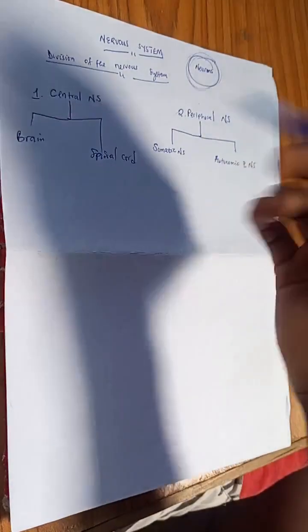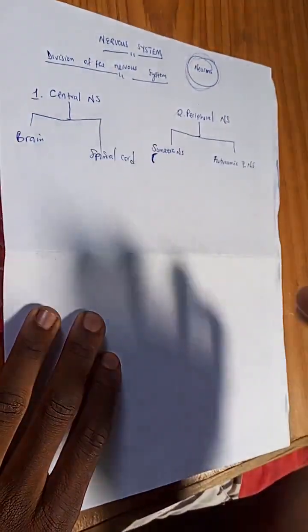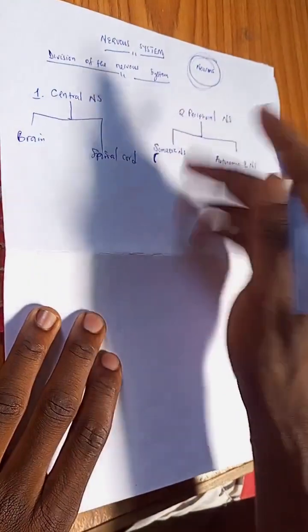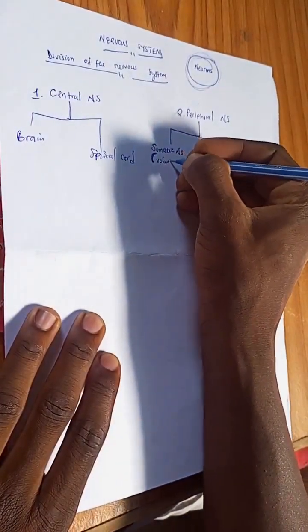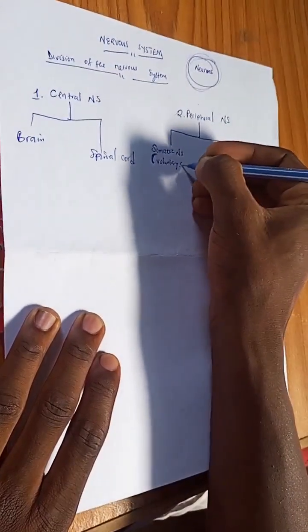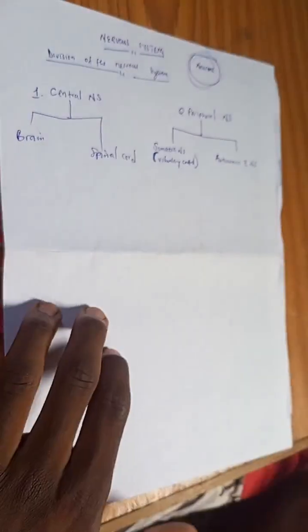So let's now go to the somatic nervous system. The somatic nervous system is the part of the peripheral nervous system that is under voluntary control. Remember, I said a lot of activities that occur are all because of the nervous system.